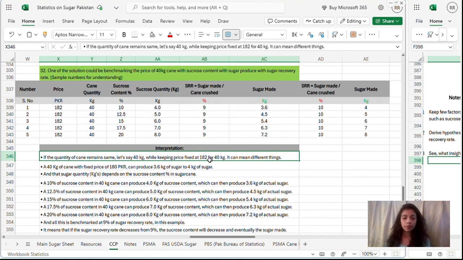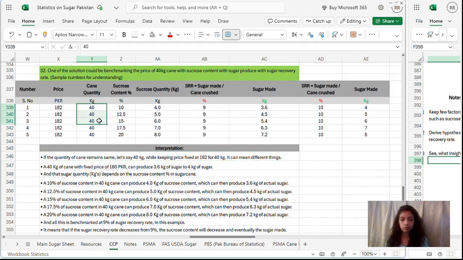It says, if we put the quantity of cane the same, let's say 40 kgs in all the numbers that we calculated, and we have fixed the price at 182 for it, and then derived the subsequent numbers here, this can mean different things.